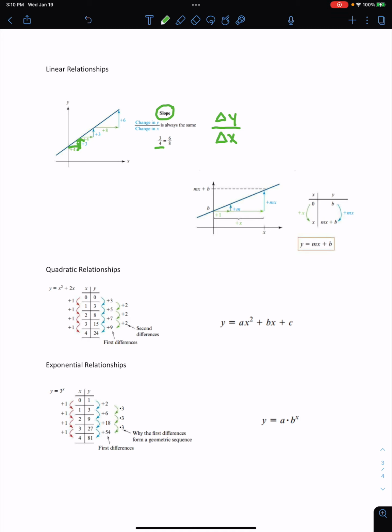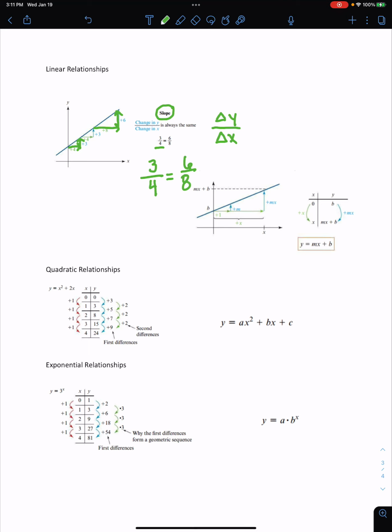Now, a little bit later in the line, we have a change in the y variable that is 6 and a change in the x variable that is 8. So 6 over 8. However, what we know about fractions is that these are equivalent fractions. So 3/4 is the same as 6/8.